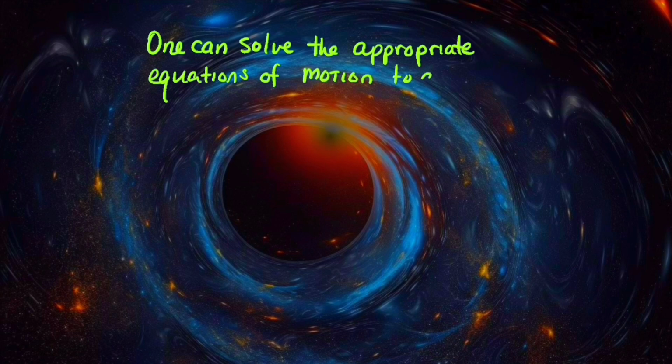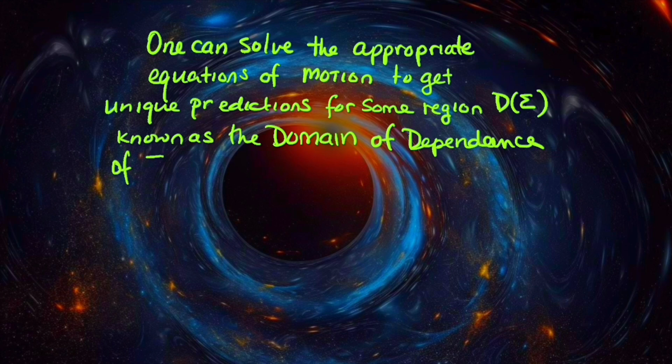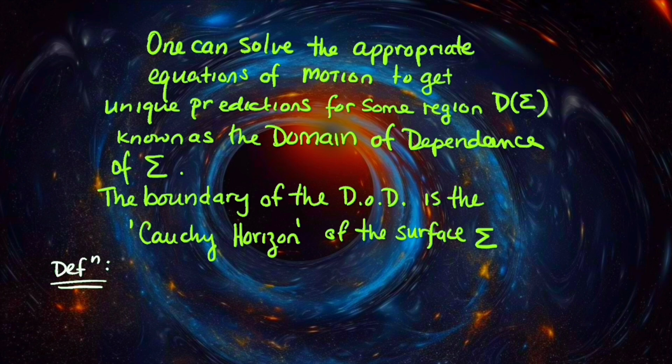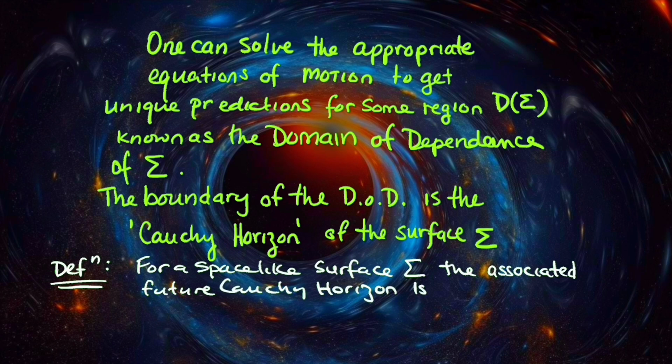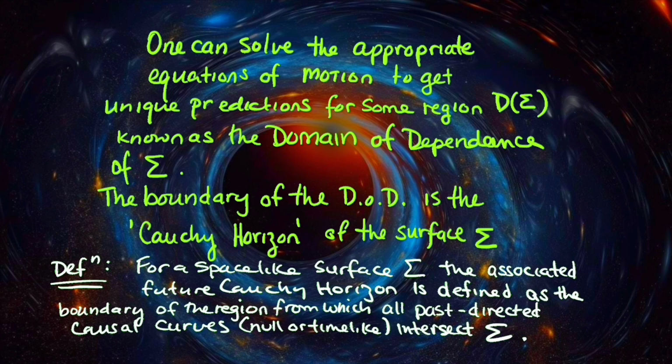One can solve the appropriate equations of motion to get unique predictions for some region, call it D sigma, known as the domain of dependence. The boundary of the domain of dependence is the Cauchy horizon of the surface. So for a space-like surface, sigma, the associated future Cauchy horizon is defined as the boundary of the region from which all past directed causal curves, null or time-like, intersect the surface sigma.